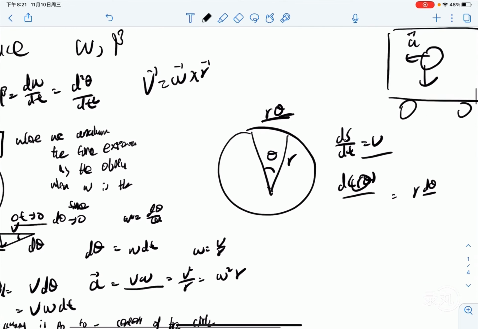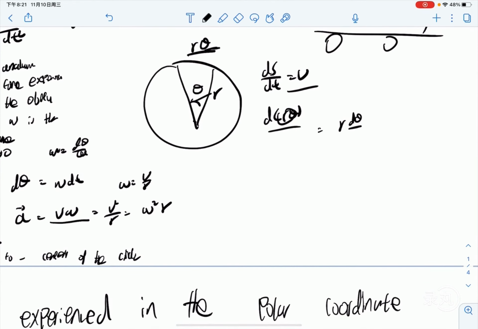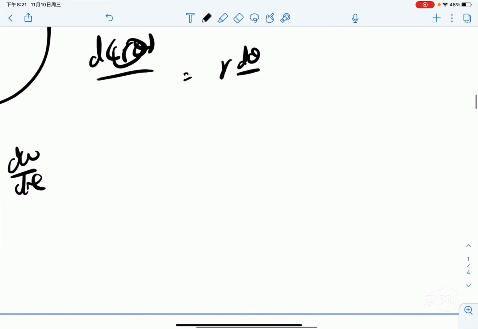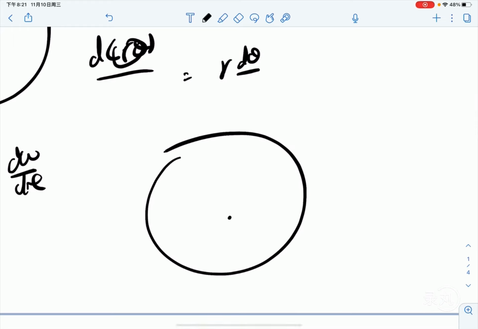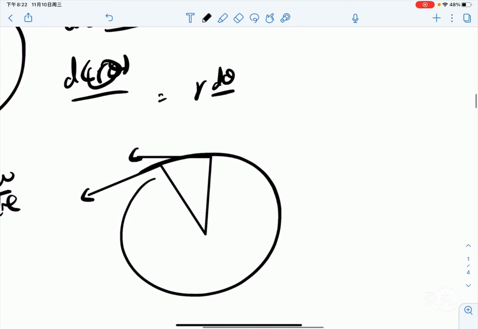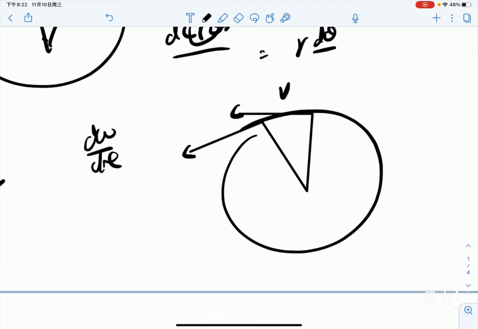And if omega is changing, we're just going to see in a second, okay? If we draw the vector over here, and draw another vector, at this moment, the velocity is v, and at the next moment, the velocity is just going to be v plus beta r dt.